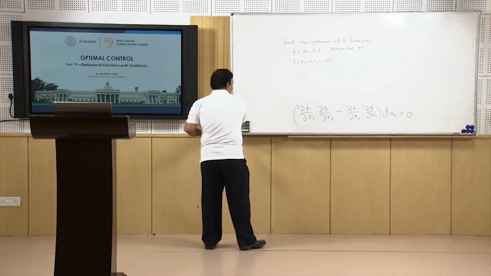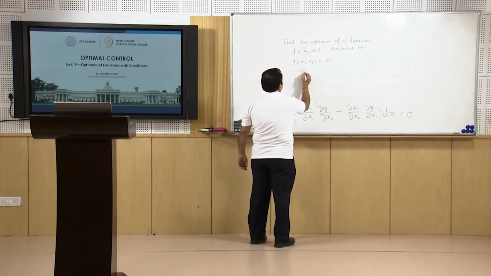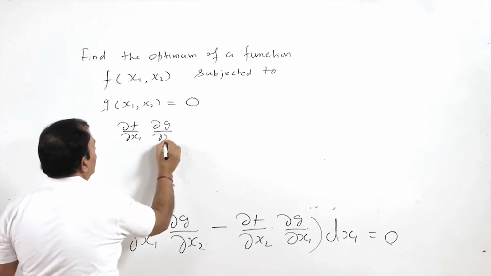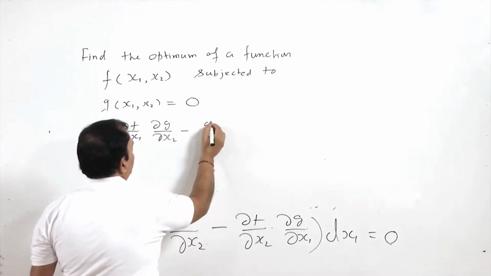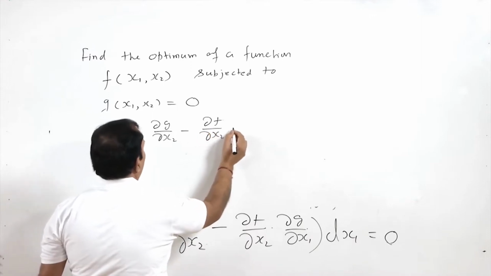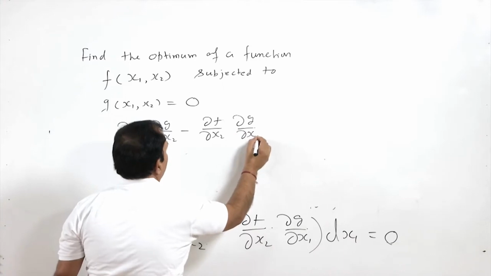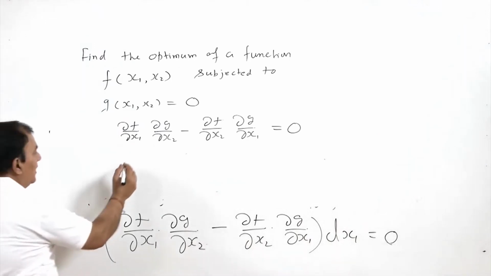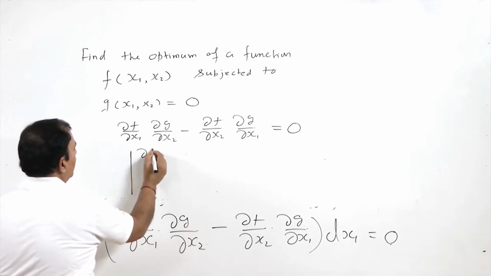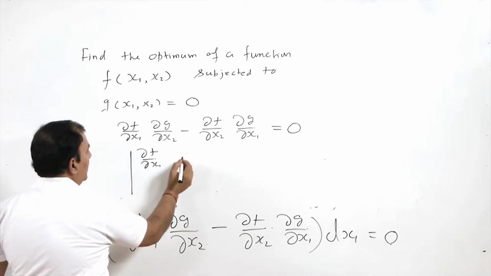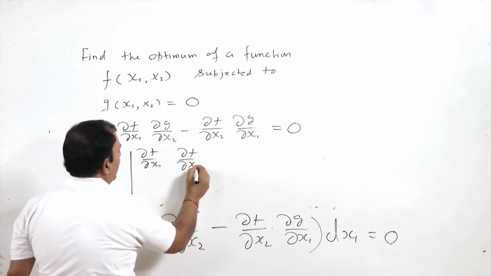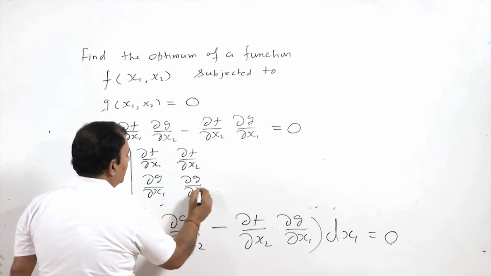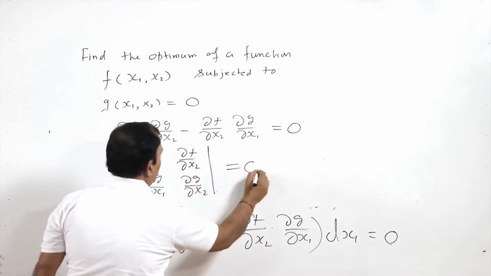So, I can say my del f by del x1 del g by del x2 minus del f by del x2 del g by del x1 must be equal to 0, or we can simply write as the determinant of del f by del x1, del f by del x2, del g by del x1, del g by del x2, that determinant must be equal to 0.